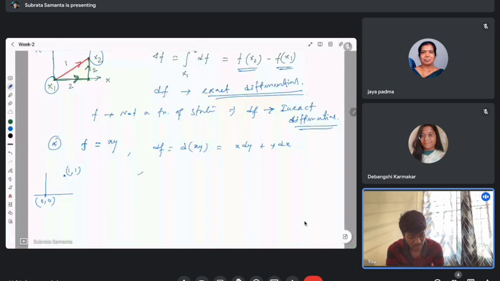So that means the delta f, going from the 0 0 point to the 1 1 point. Until now I have not denoted what the path is. We are just setting the points and then df.